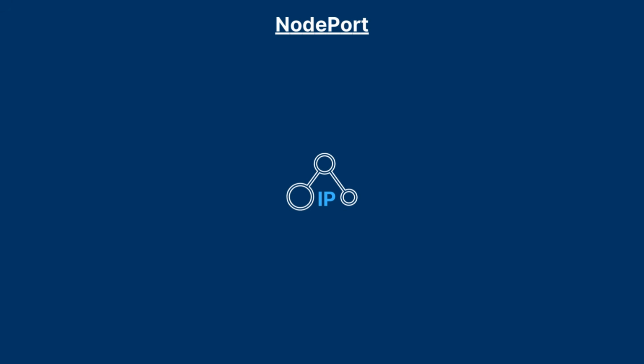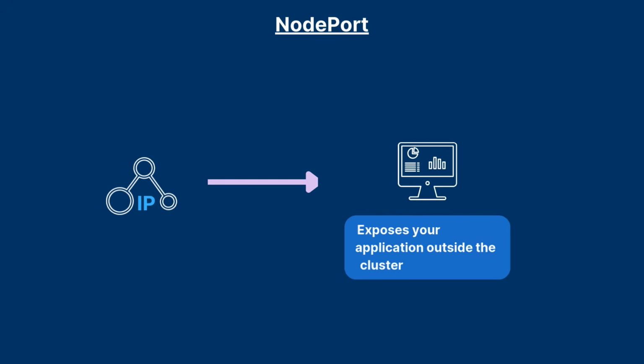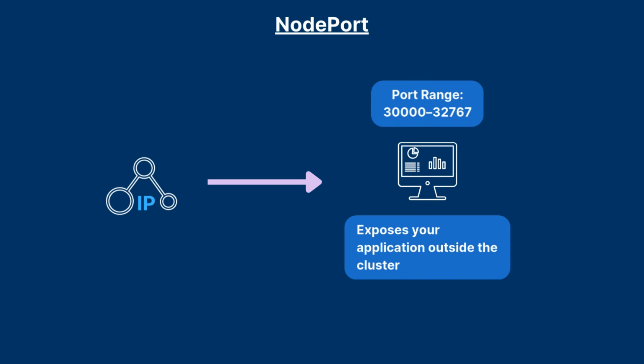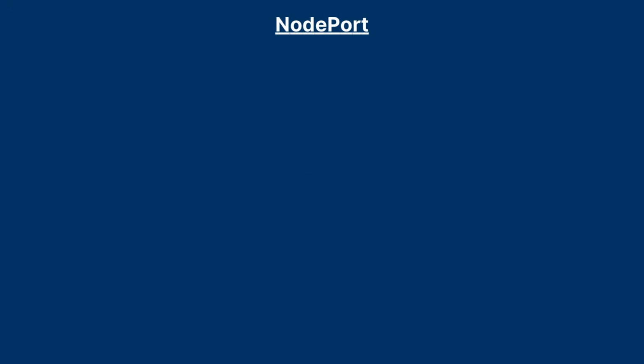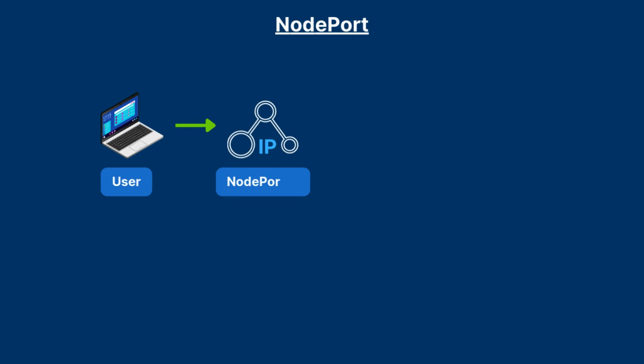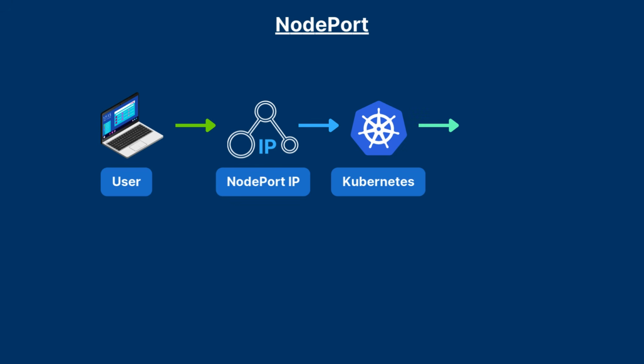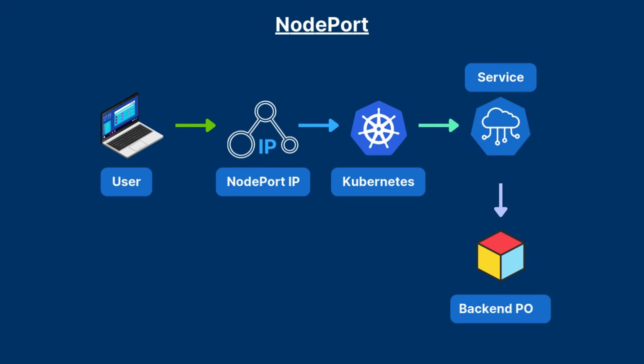Next we have NodePort. A NodePort service exposes your application outside the cluster. It does this by opening a port from a range of 30,000 to 32,767 on every node's IP. When you hit any node's IP at that port, Kubernetes forwards the traffic to the service, which then routes it back to the backend pods.